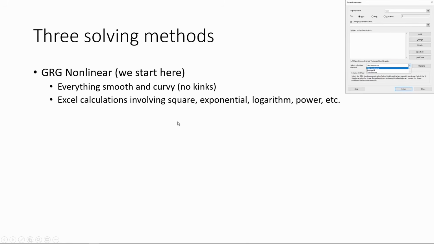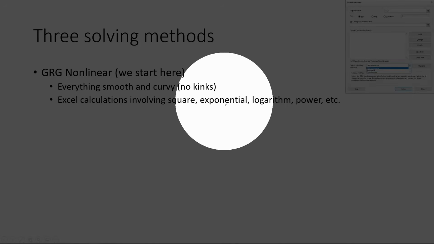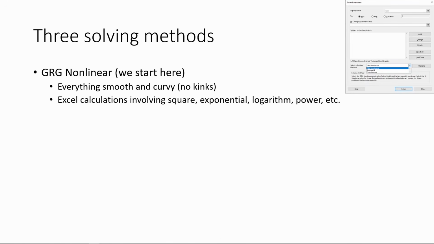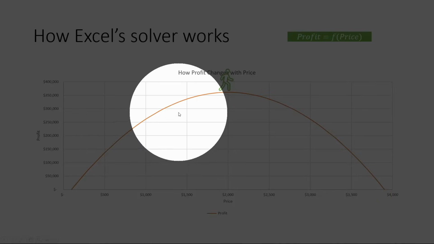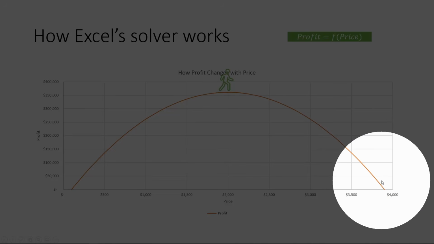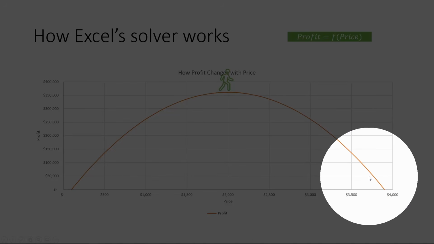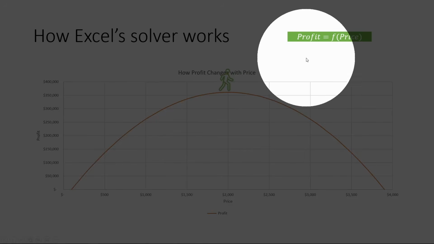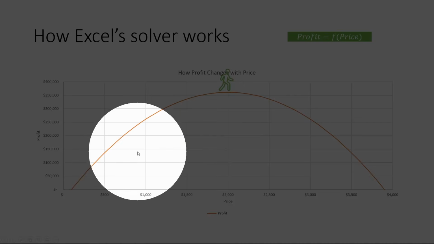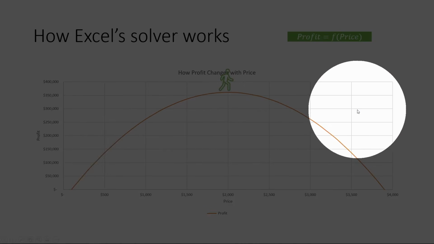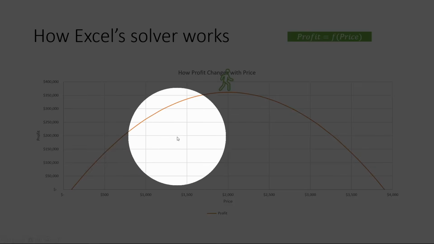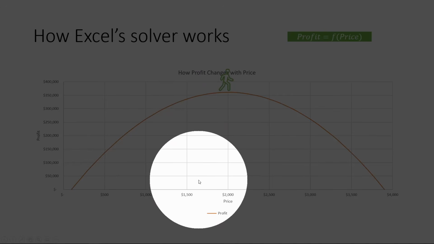The calculations can involve square, exponential, logarithm, power, etc. An example of a smooth problem is this: you have a smooth curve between price and profit. The smooth problem can go like this, it can go like this, but it cannot go like this. It cannot have sharp turns.